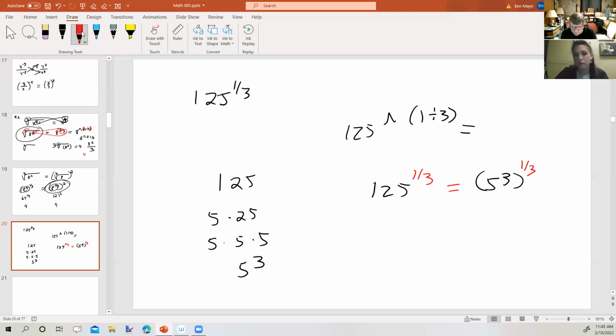Now, recall from a little while ago when we reviewed the properties that a power raised to a power, you would multiply the exponents. What is 3 times 1/3? It's 1. So the cube root of 125 is 5.